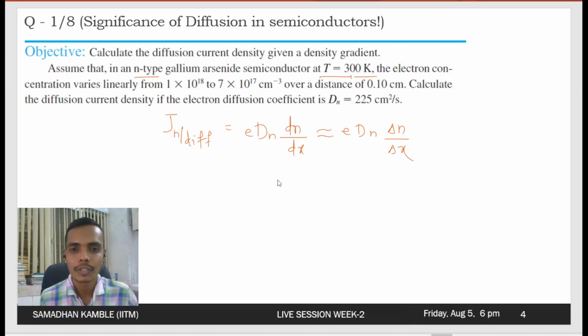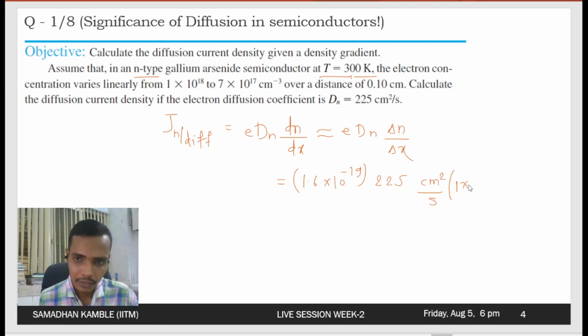Just putting the values, we have the electronic charge given as 1.6 × 10^-19 coulomb times Dn, which is given as 225 centimeter square per second. Now delta n, the change in the density with distance, is given as 1 × 10^18 minus 7 × 10^17 per centimeter cube over a distance of 0.1 centimeter.